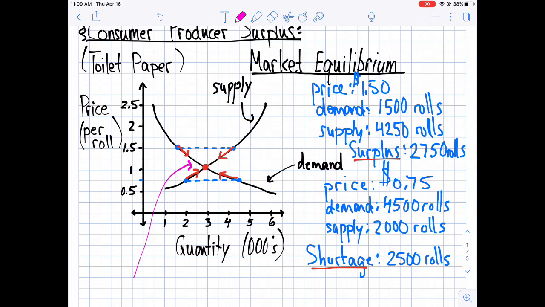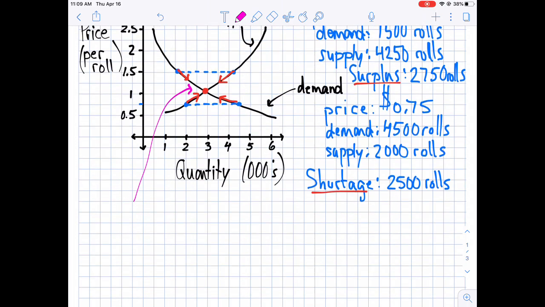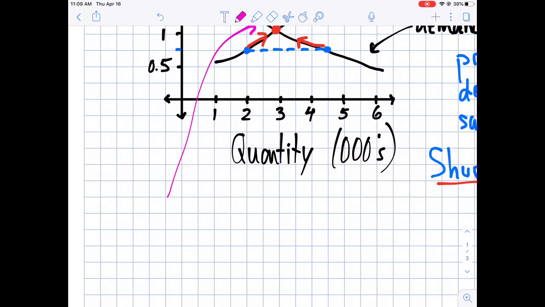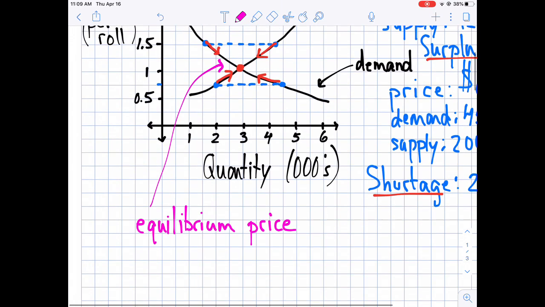So for this made up situation, our equilibrium price, looking at this point right here in the middle, is going to be roughly maybe $1 and let's say 20 cents.